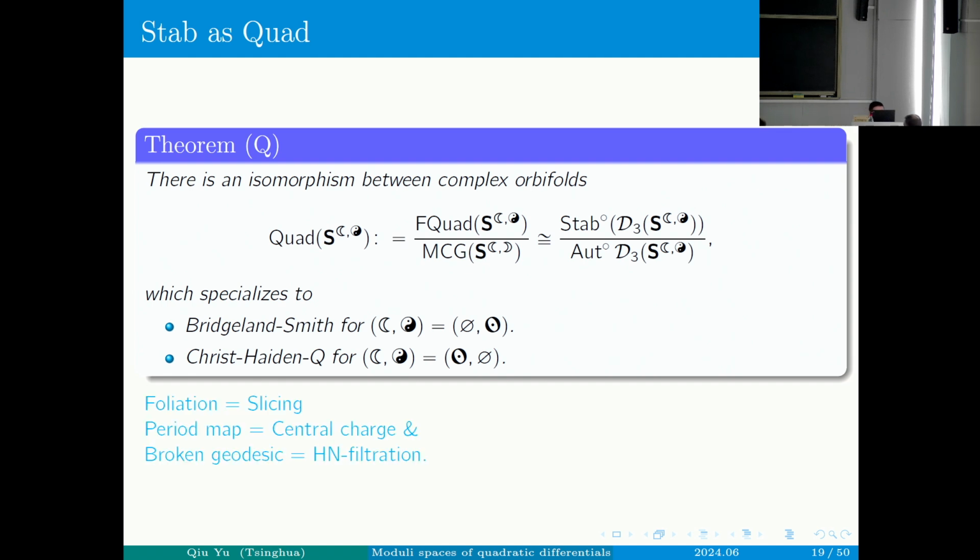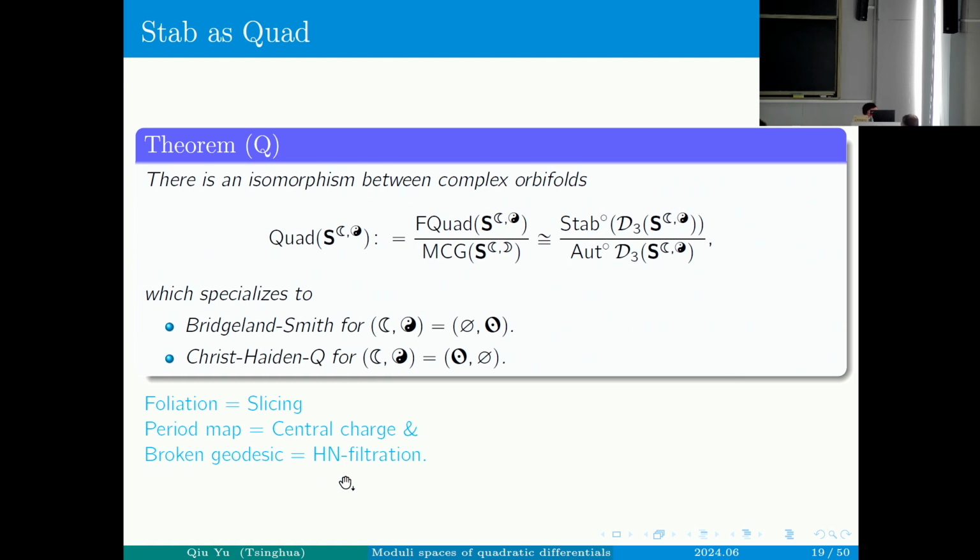Yes. So the correspondence is: the foliation structure we are talking about on quadratic differentials or Riemann surfaces corresponds to slicing or t-structures on the category. The period map, which is the local coordinate for the moduli space of quadratic differentials, corresponds to central charge on the category.